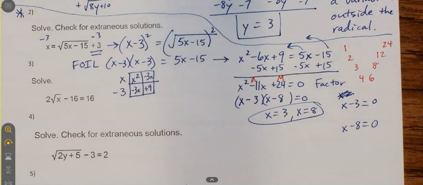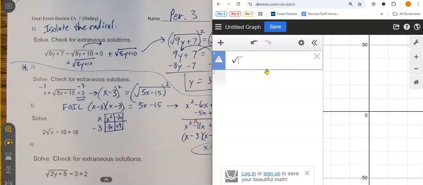Now this does have a variable outside the radical, so this would be one that we could go back and check. For instance, if I split my screen here, let's see if I can do this. So my first answer was a 3, so 5 times 3 minus 15, and then adding 3, I'm supposed to get 3.